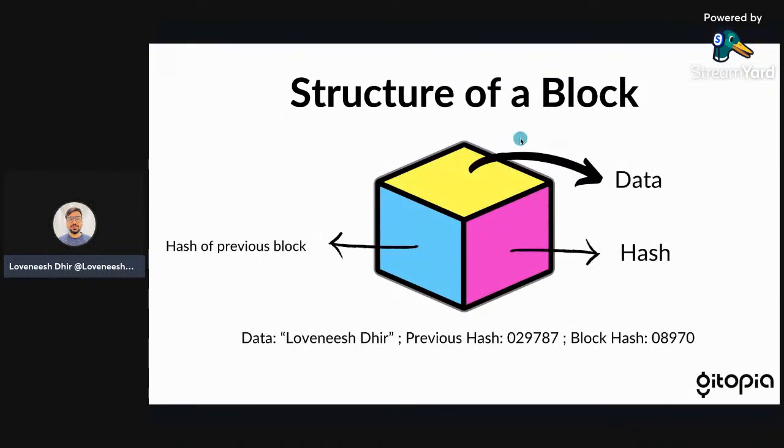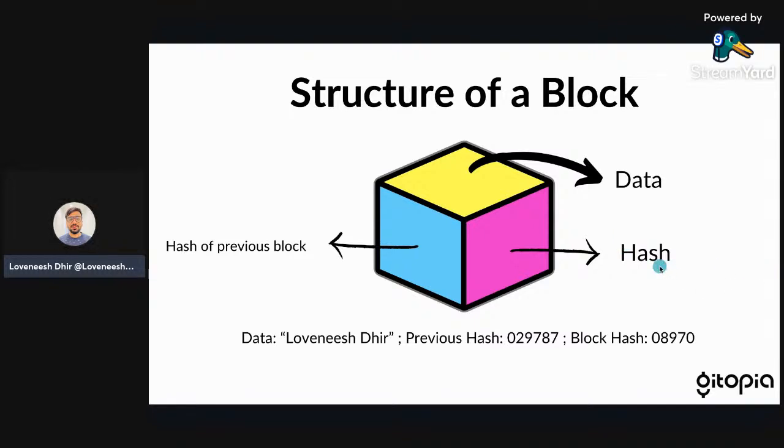So this is the structure of a block. A block consists of the data that we are going to store in that particular block. Apart from that, we have the hash of the previous block stored as well, and the hash of the current block.